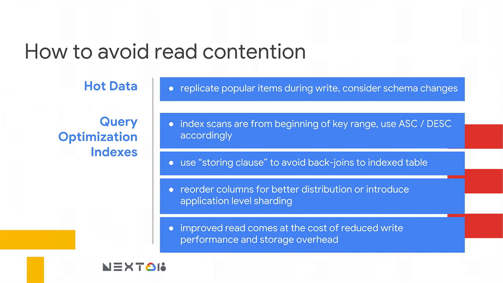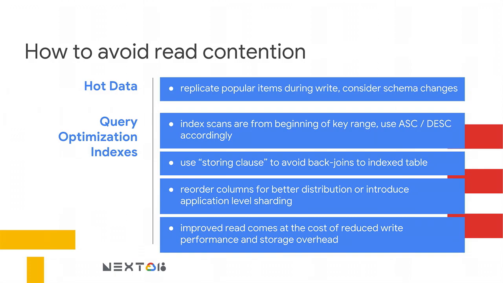Let's say you have a social graph in your Spanner database, and you have that star that everybody looks up and wants to get the latest news from. To avoid these kinds of hot data points, one technique that you can use is replicating during writes. So when you write, you write to replicas, and then you enable reads from these replicas. These writes are transactional, so you don't get inconsistency in there.